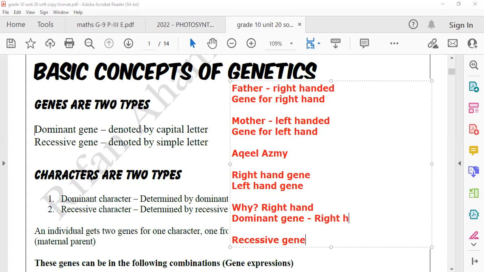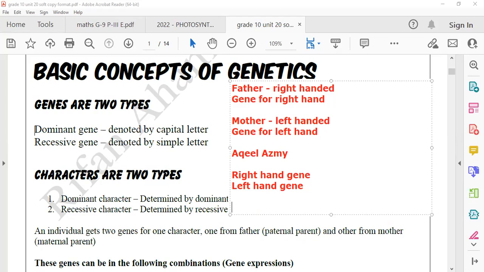Right hand is the one decided by the dominant gene. Agree? Yes, sir. What is the character decided by the recessive gene? Left hand. Okay. Then right-handedness is called the dominant character. Left-handedness is called the recessive character. Understood?